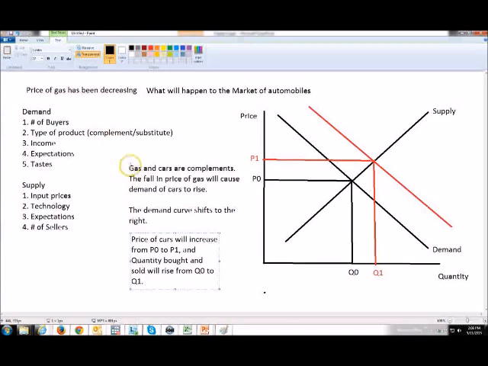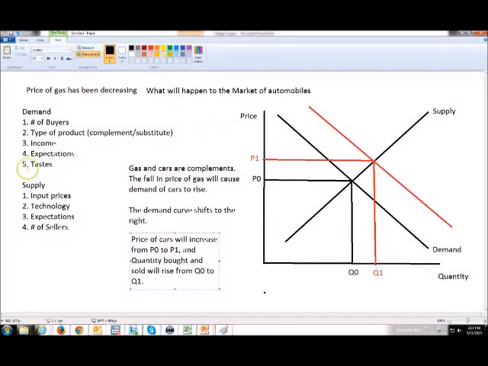And so when gas prices fall, it's going to cause the demand for cars to rise. Demand shifts to the right. And from the graph, we can see that price then increases and quantity also increases. So this is how we answer the question.